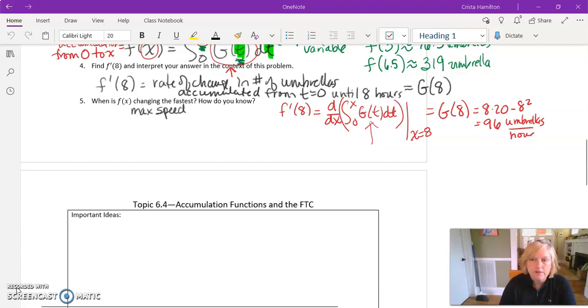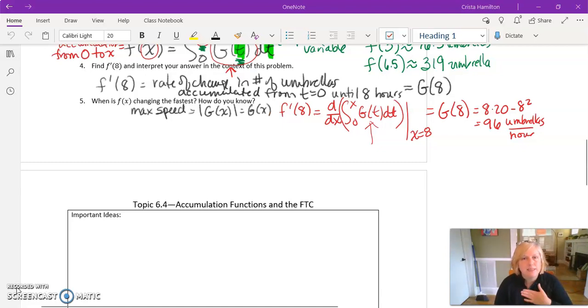Now, luckily for this one, our rate function, which is our velocity, okay, remember the speed is the absolute value of the derivative, which in this case is g of x. So we want the max speed, and g of x, since it's already positive for the entire 0 to 14, which is what we're doing, we can actually just use g of x for that.